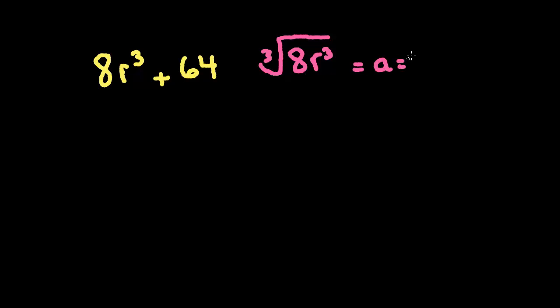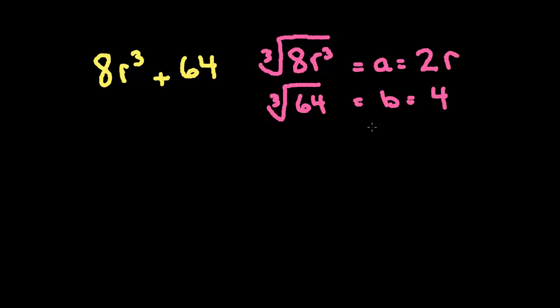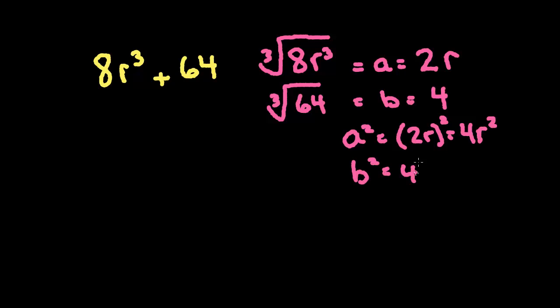So the cube root of 8 is 2, and the cube root of r cubed is r. To find our b, we're going to do the cube root of 64, and we already said that that was 4. Now we're going to do a squared, so we're going to square 2r, so that's 4r squared. Now we're going to do b squared, that's 4 squared, which is 16. And now we're going to do a times b, so that's 2r times 4, which is 8r.